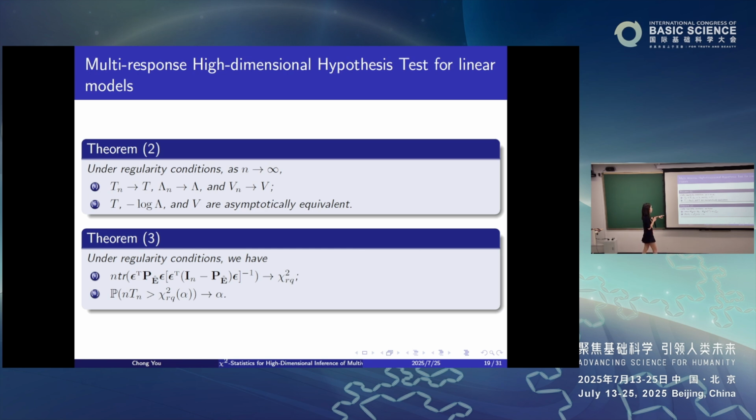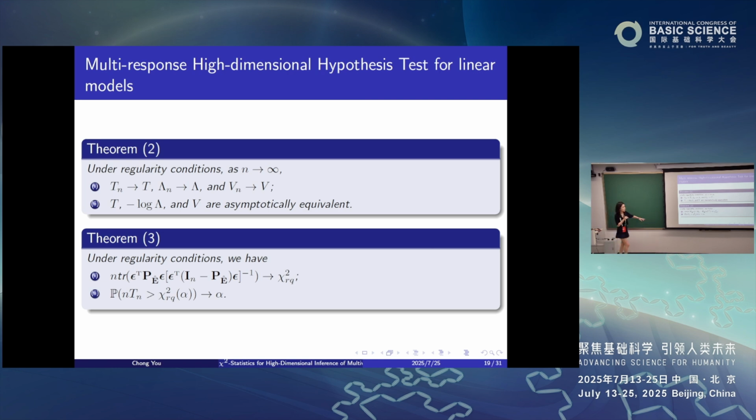The third theorem states the distribution under the null hypothesis. We prove that this one goes to a chi-squared distribution with degrees of freedom R times Q, and we know that this epsilon is the random noise in the model. Under the null hypothesis, this epsilon equals that psi, as we have shown before.